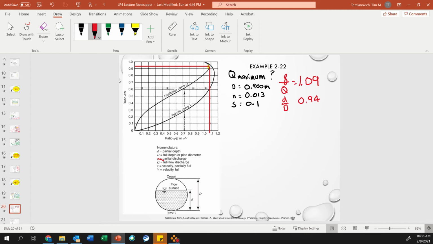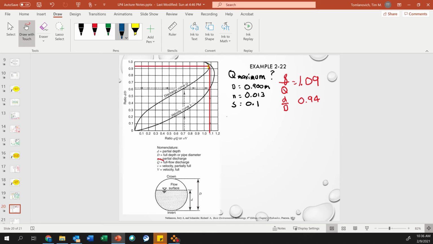Okay, so do we need Q full? Yes. All right, so we can do the Manning's nomograph or we can do the equation. I'm going to do the equation because we need practice doing the equation.